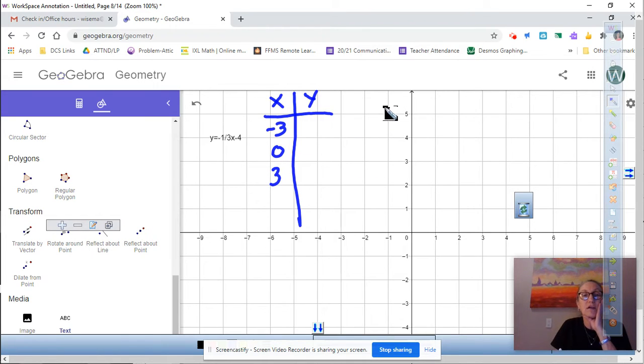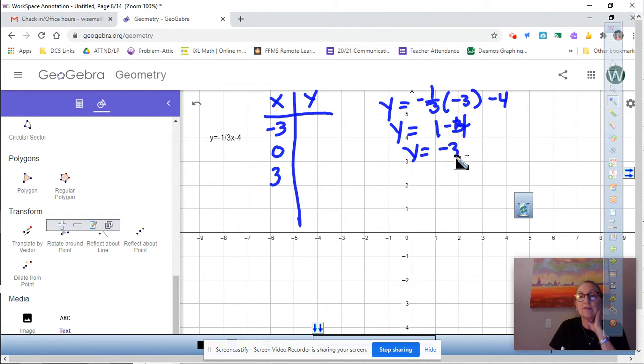So I'm going to come over here and I've got my equation y equals -1/3 times -3 minus 4. When I do that math, -1/3 times -3 gives me a +1, minus 3. So that should be a -3.